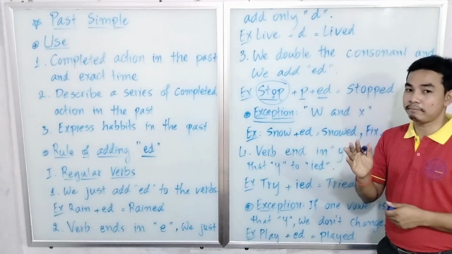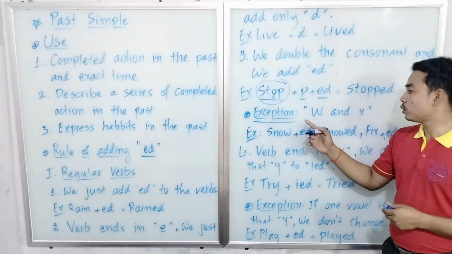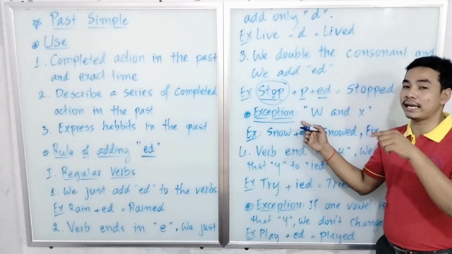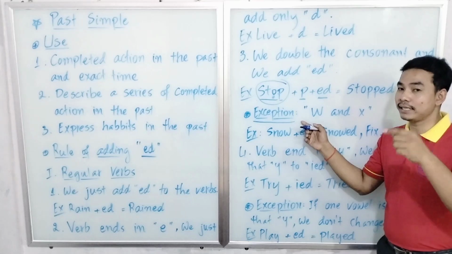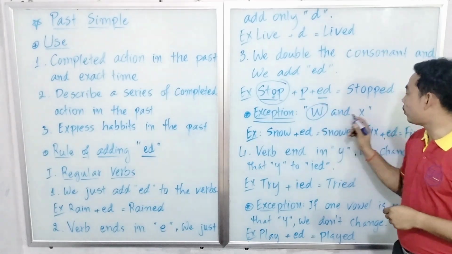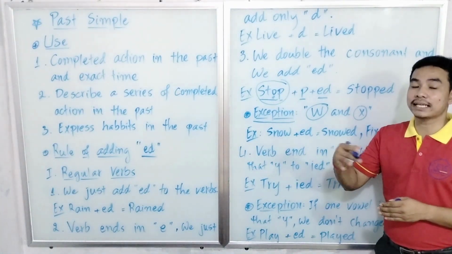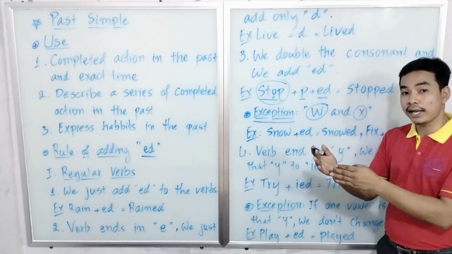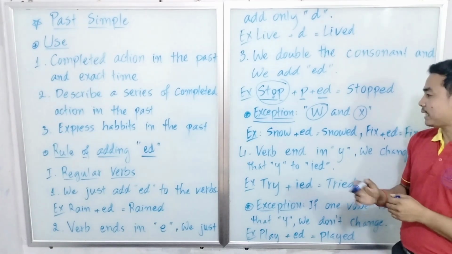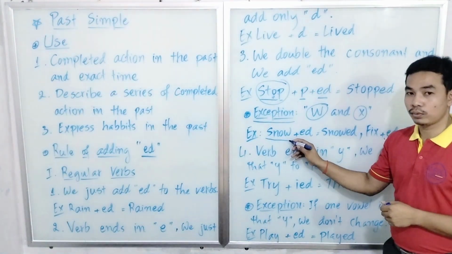But we have an exceptional rule. Whenever the verb has one syllable but ends in w or x, we don't double, we just add ed. Why? It is the rule. For example, snow.